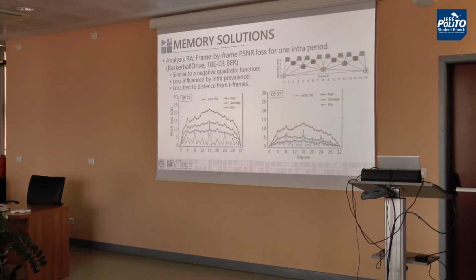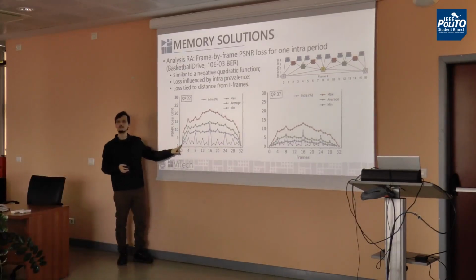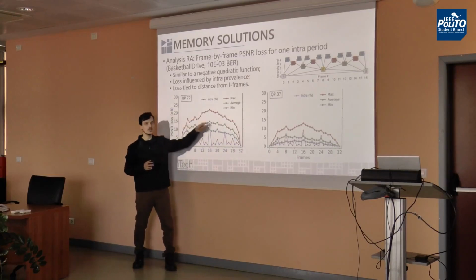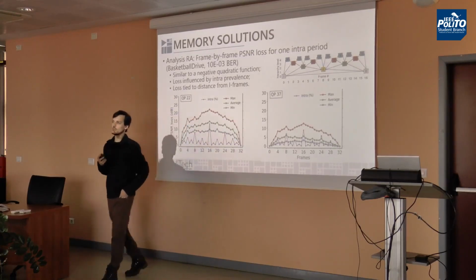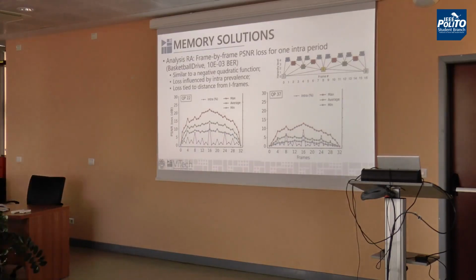We also have a behavior along the time. So this is time. We are, let's say, attacking, in this example, just inter blocks. And these are intra frames. And all in between, we can see one given behavior that's related to the number of inter blocks that are there and the distance between the specific frame and the intra frame.